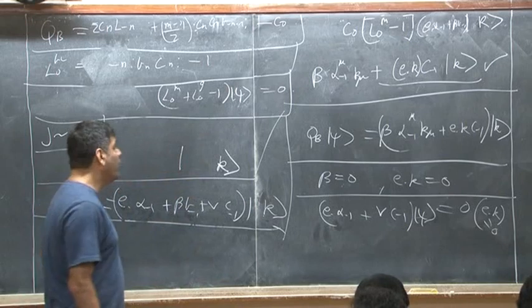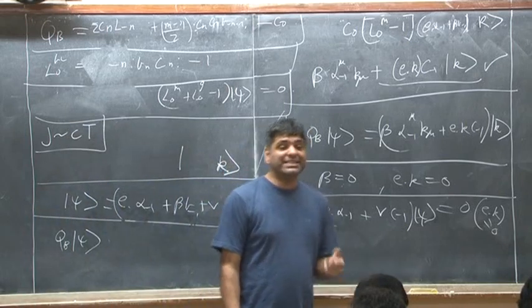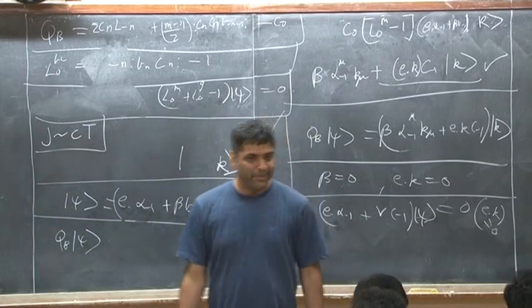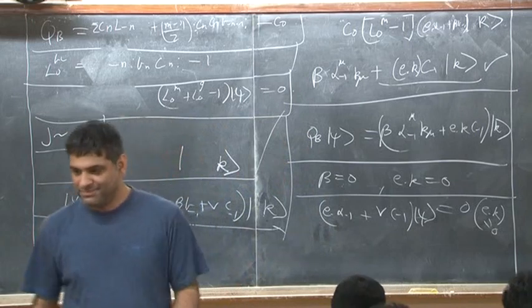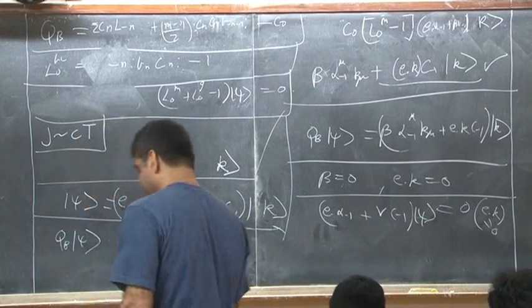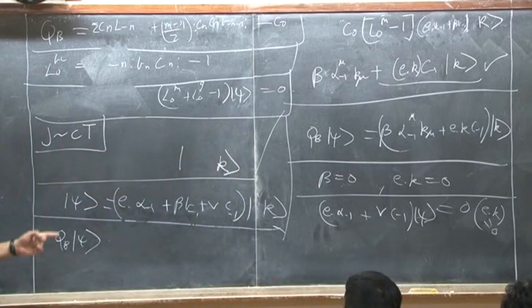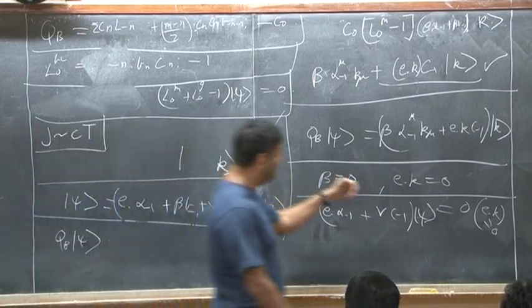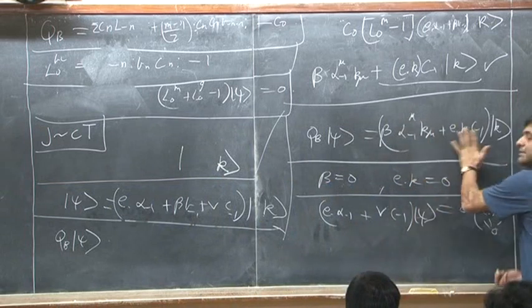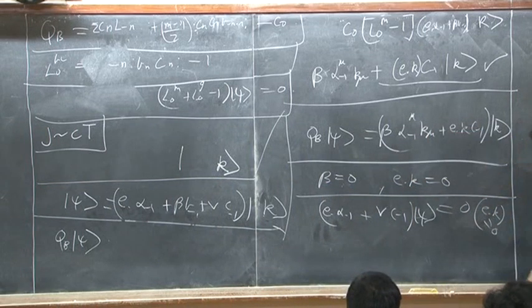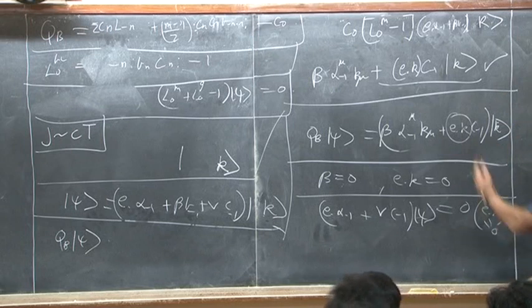Okay. Now, the next question is when are states exact? Because everything is level by level, anything that appears on the right hand side of this is exact. So c minus 1 on k with any coefficient, because we can arrange any number here by choosing E appropriately.